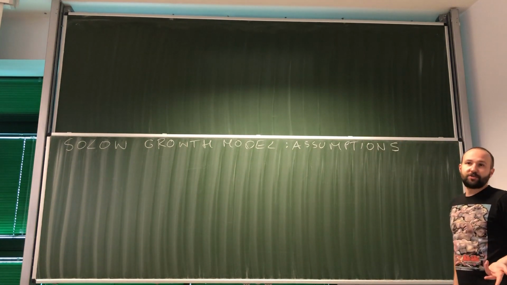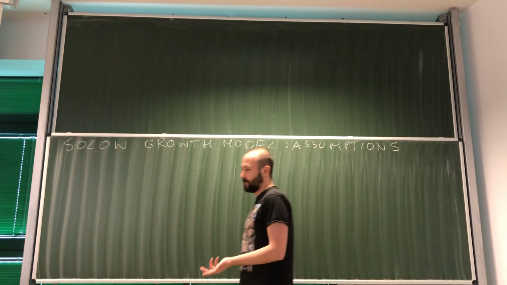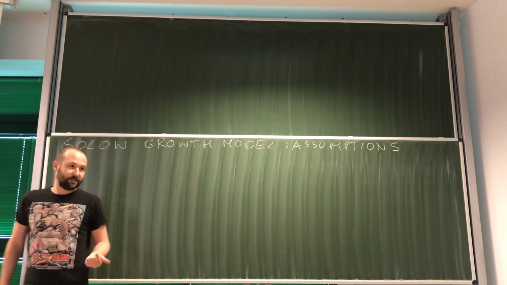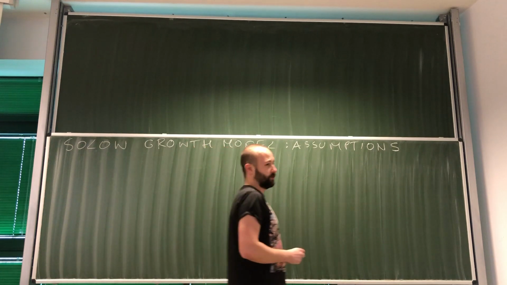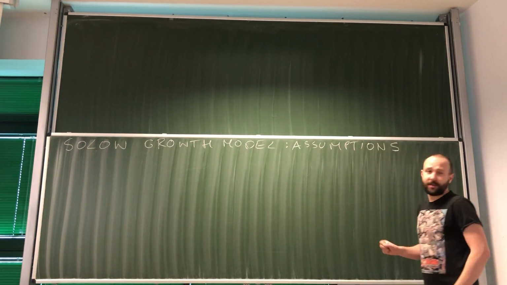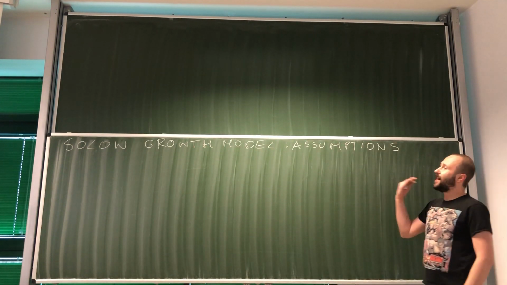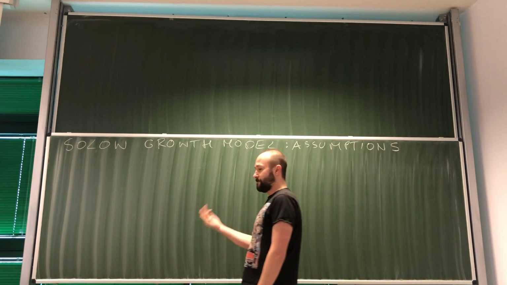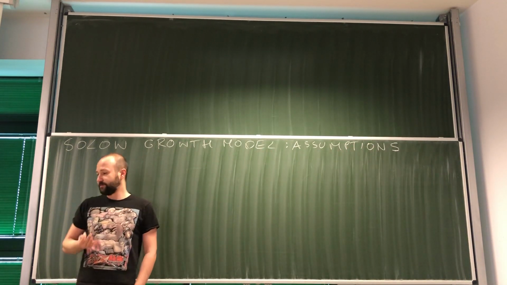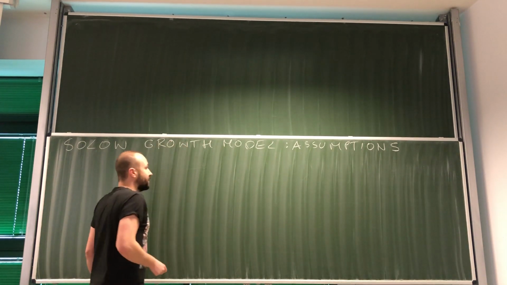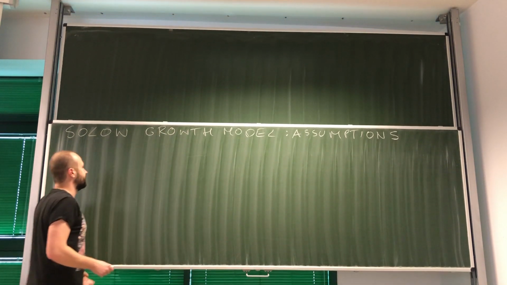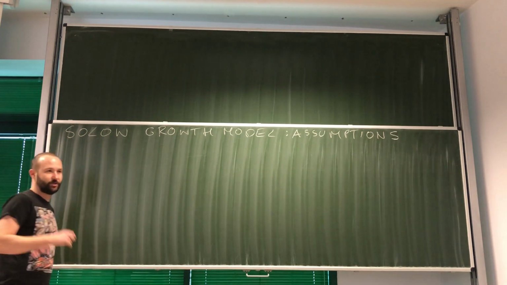Look, I know that you already discussed this model in macroeconomics classes, but we're going to do an extended version of this model, and we're going to do it very thoroughly so we can actually see where all the conclusions from this model come from. Okay, so the first thing we need to do is define the production function.